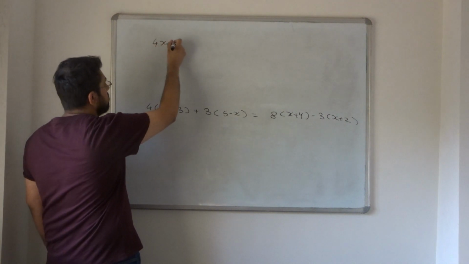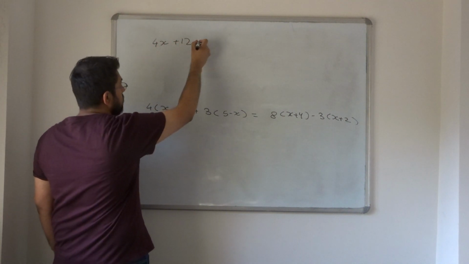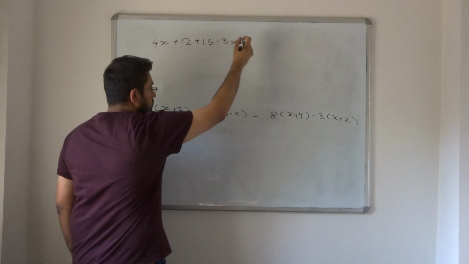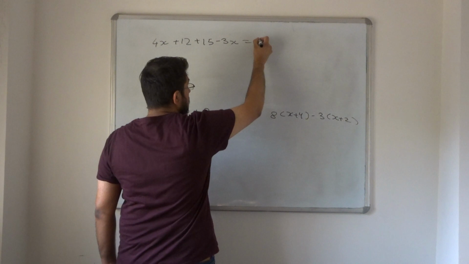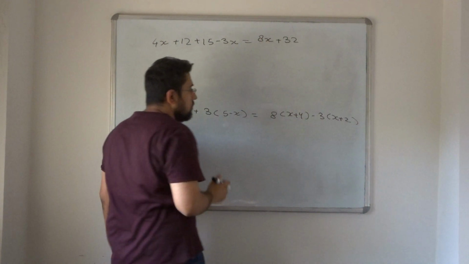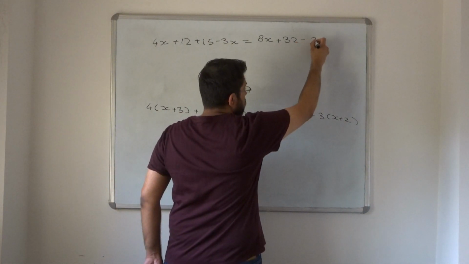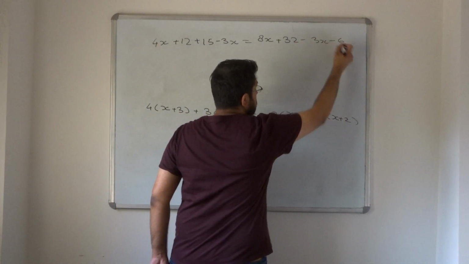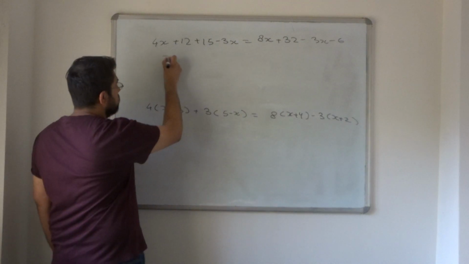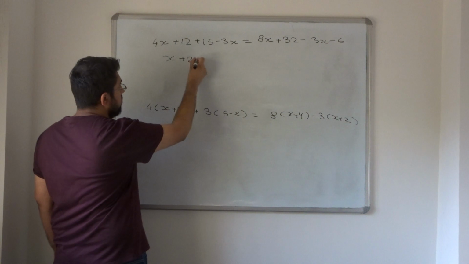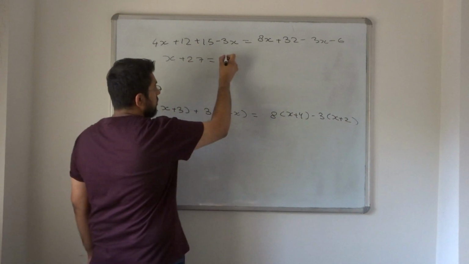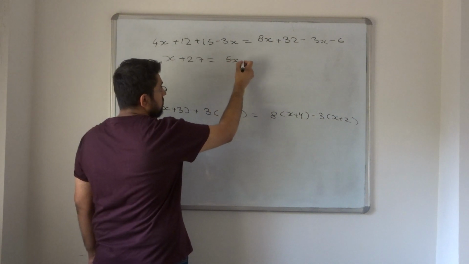So you get 4x plus 12 plus 15 minus 3x, which equals 8x plus 32, minus 3x minus 6.